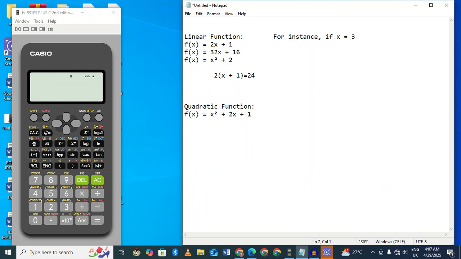Now let's take a look at quadratic functions. How can we also use the calculator function to get the value for x in the quadratic function?